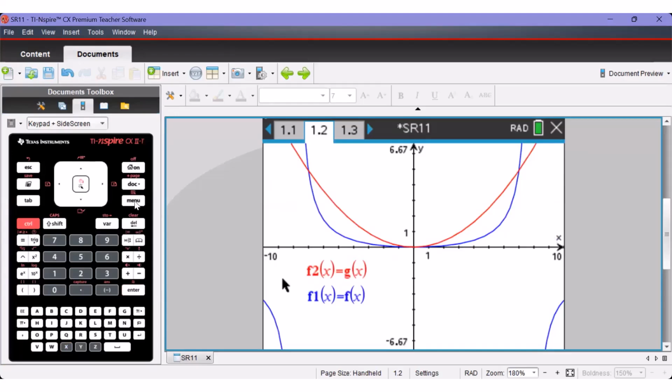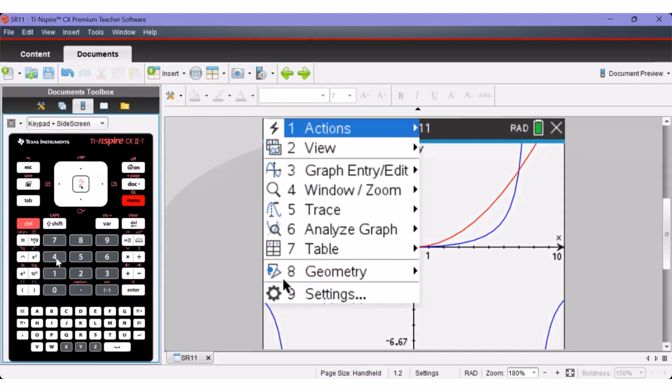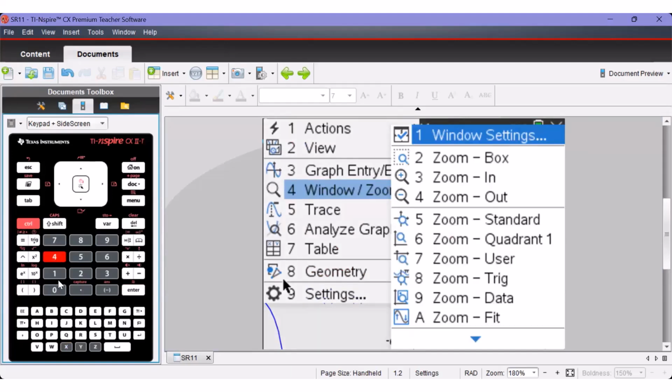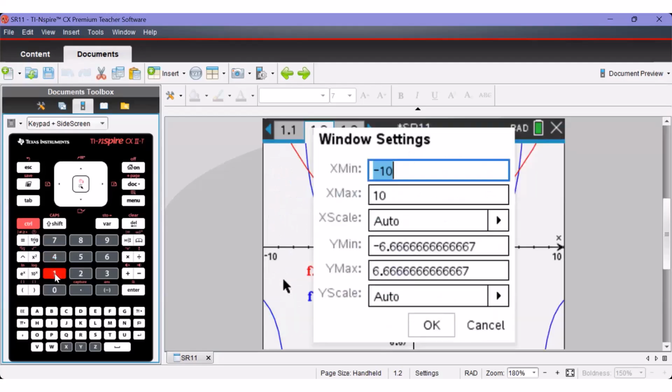To do that, we'll press menu, and then select window zoom by pressing 4, and then 1 or enter for window settings. Here we can have an x min of -0.5. Press tab. We're not quite sure where the x coordinate lies just at the moment, so let's stick with 10 for x max, and we can always adjust.